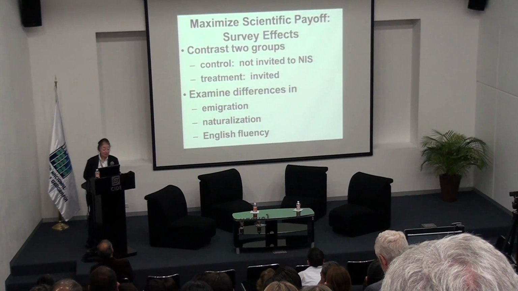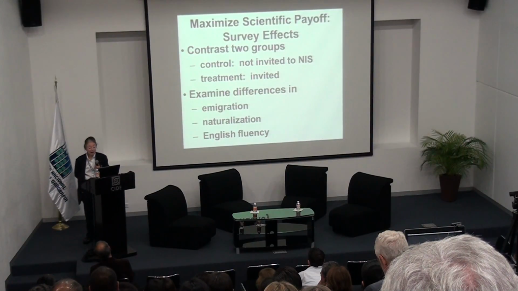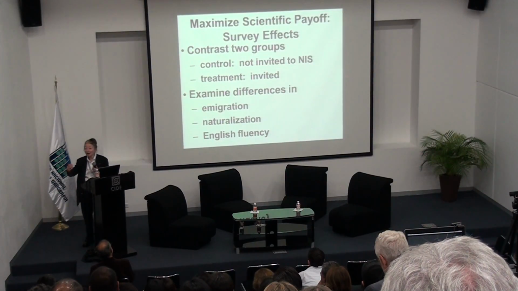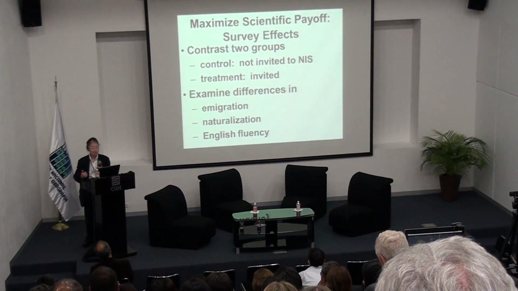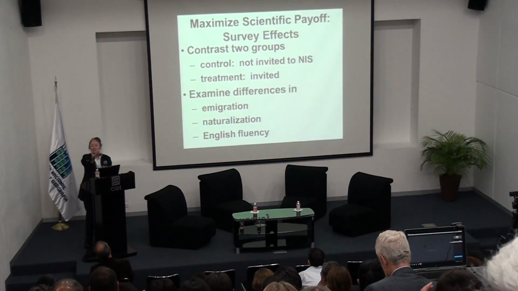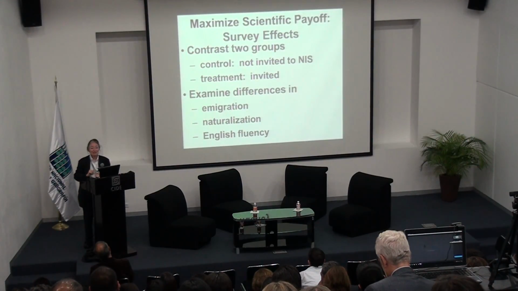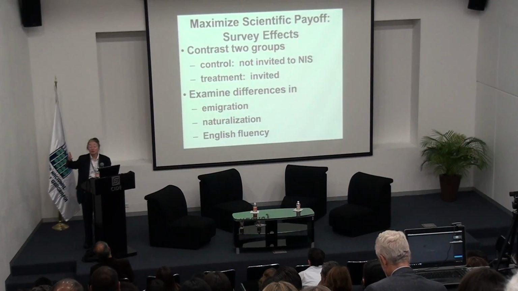Well, it's possible to design a study to look at survey effects, to contrast two groups, those invited to participate in the survey, and those not. This goes to that question that one of you asked before lunch. And because we would have that same information on naturalization, on green card renewal, on sponsorship, we would have it for everyone, whether or not they were in the sample.